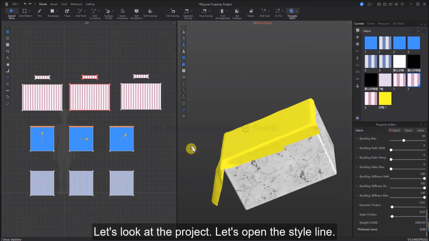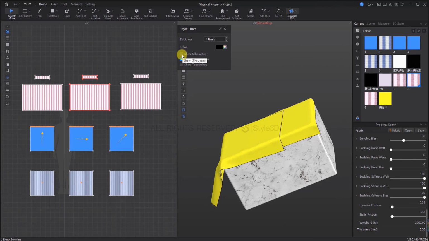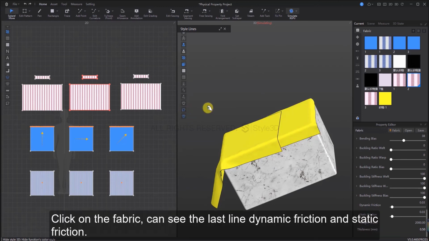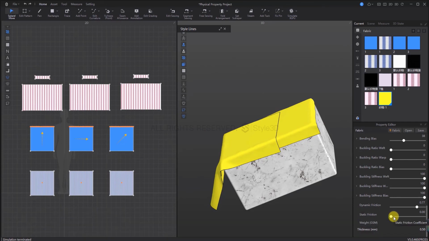Let's look at the project. Let's open the style line. Now you can see that one piece of fabric is frozen on this slant and the other piece of fabric is free to move. Click on the fabric and see the last line, dynamic friction and static friction.